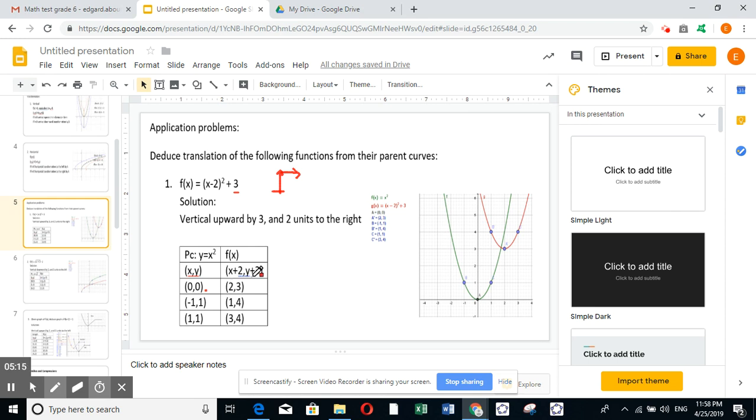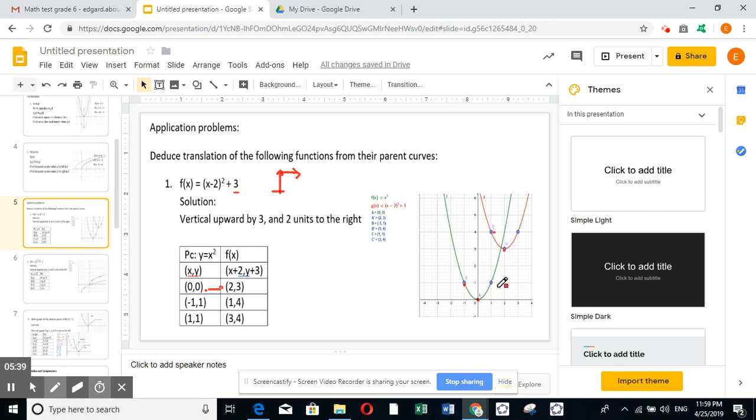So now I want x plus 2, y plus 3. If I replace x by 0 and y by 0 here, I get the image of this point as 2, 3. You can see it here. This is the initial one, the parent curve. Now this is 2, 3. If you have minus 1, 1, minus 1 plus 2 is 1, and 1 plus 3 is 4. So the image of this point is that point, 1, 4.